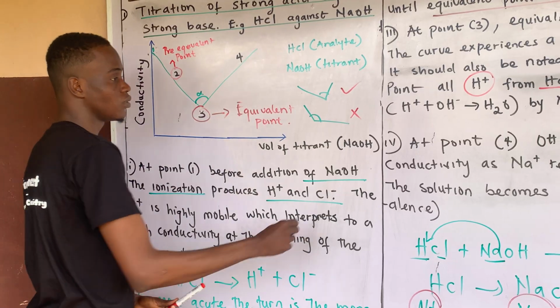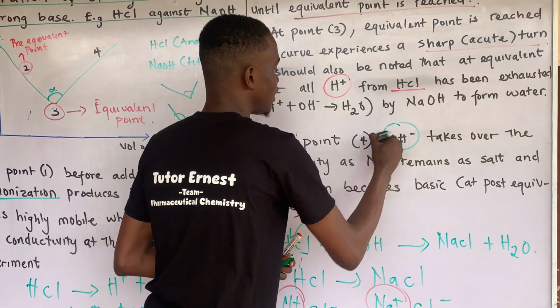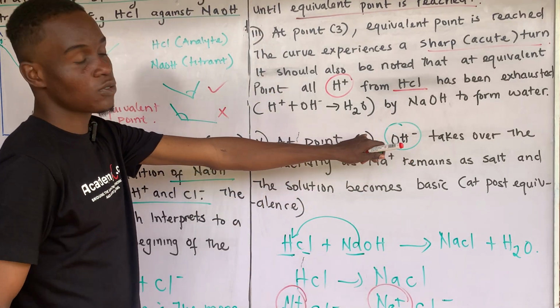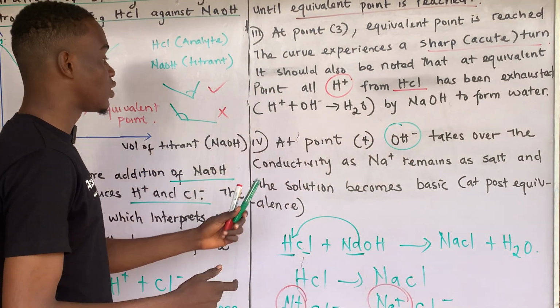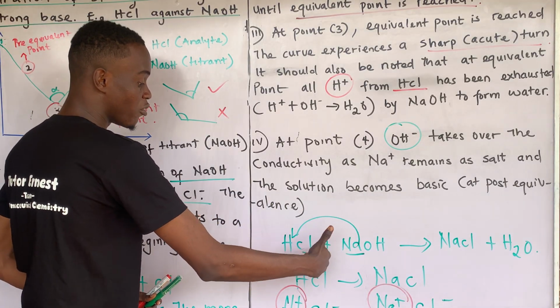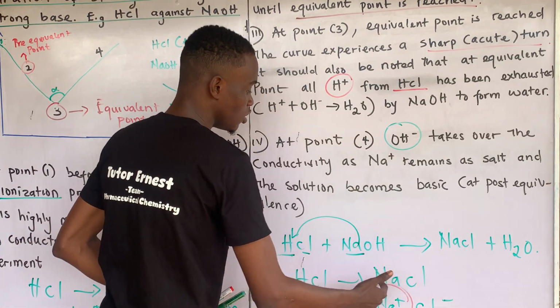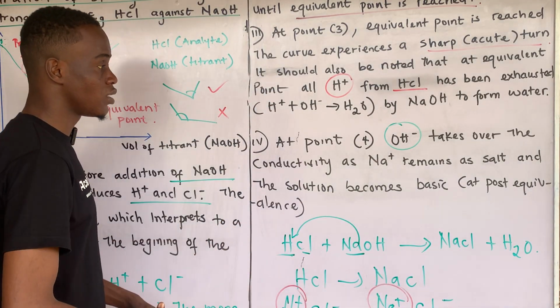Now going to point 4. At point 4, OH takes over. That's the hydroxyl ion. The hydroxyl ion takes over the conductivity, because Na keeps on reacting with chloride ions to form salt, but the OH now takes over the conductivity.